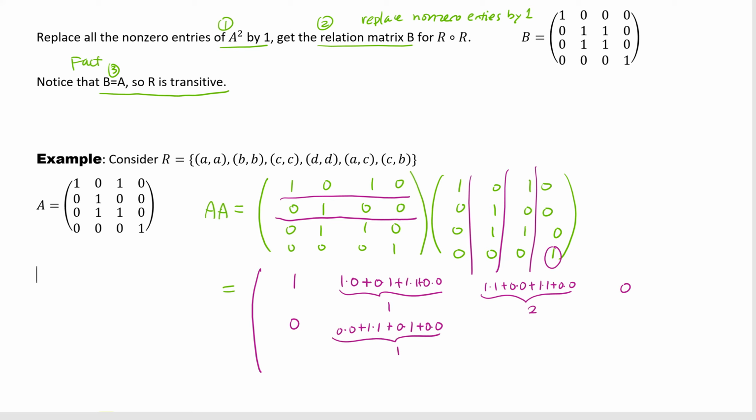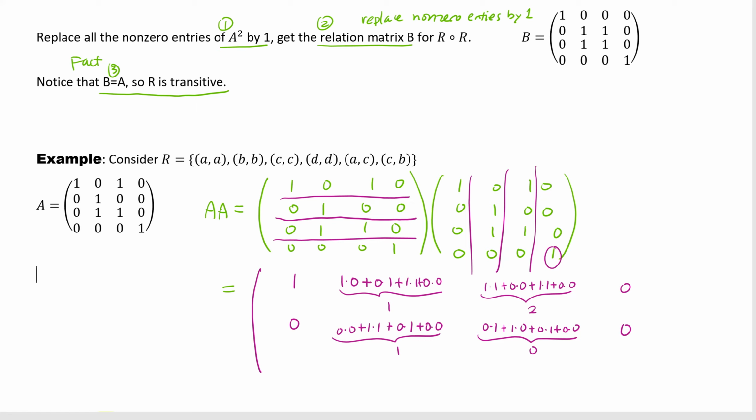Next, 0 times 1, 1 times 0, 0 times 1, 0 times 0. So that gives us 0. Last entry, the 1 is the only non-zero one, but this one is 0, so we also have 0.